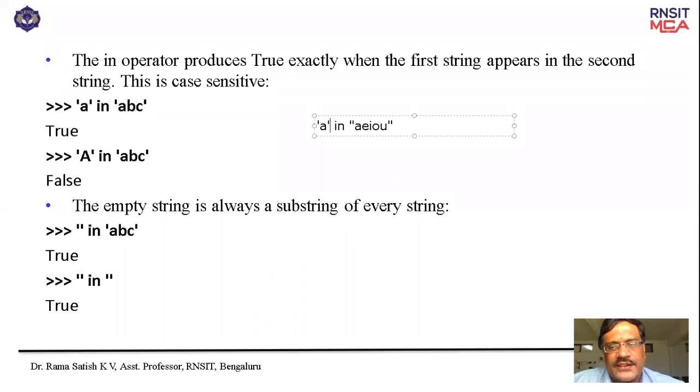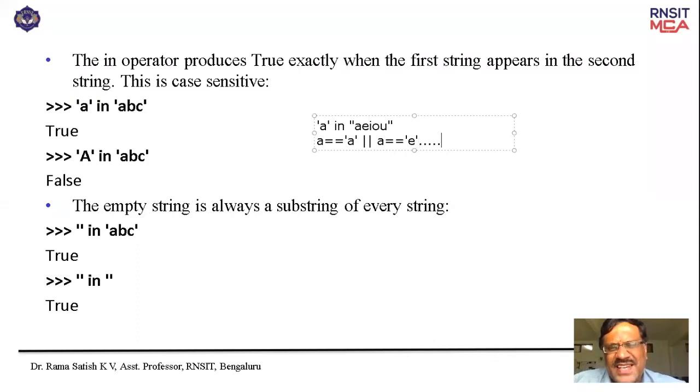In your C style, what you are doing is, if A equal to A, or A equal to E, like this you are doing it.